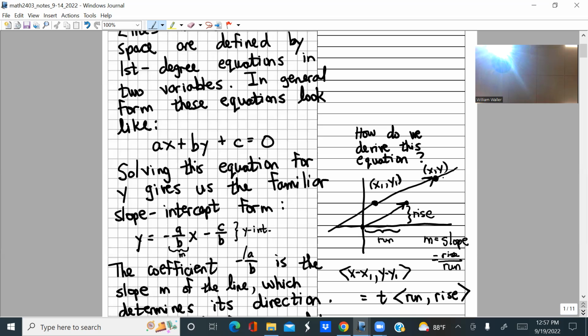What pieces of information define a unique line? What pieces of information can I give you so that you could draw the line? Well, one thing is if I told you 2 points that were on the line. Okay, so if I told you I'm thinking of a line that goes through these 2 points, you could immediately draw the line, correct? Because there's only one line, according to the axioms of geometry, that goes through any 2.